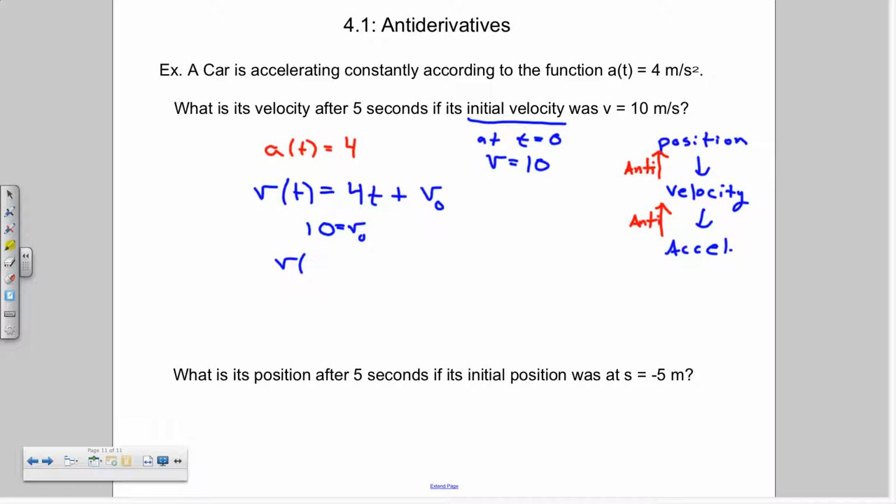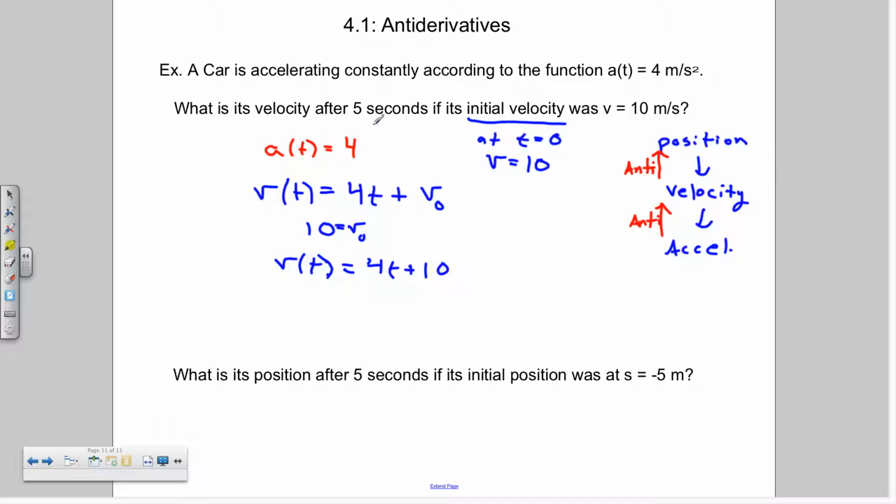So v of t would end up being 4t plus 10. Let me try that again. Okay, there we go. So v of t equals 4t plus 10.